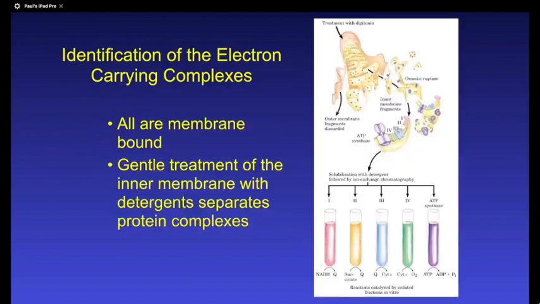Now, when we started to identify what was happening, we looked at the mitochondria and we isolated different things out of the membrane, and actually they were different proteins. And so how in the world do we isolate things out of the mitochondria? Well, the first step is to isolate the actual mitochondria themselves, and we have a separation technique that is able to isolate organelles.